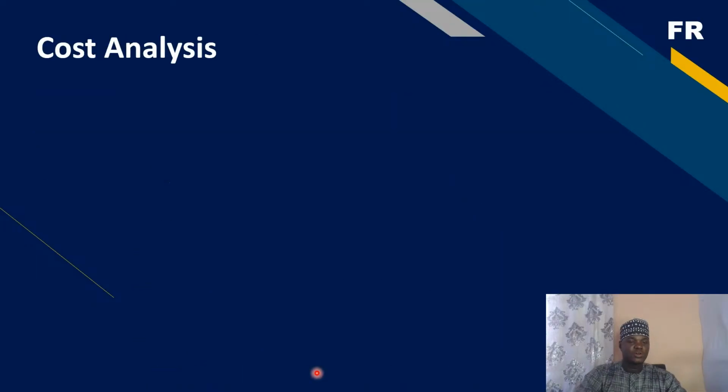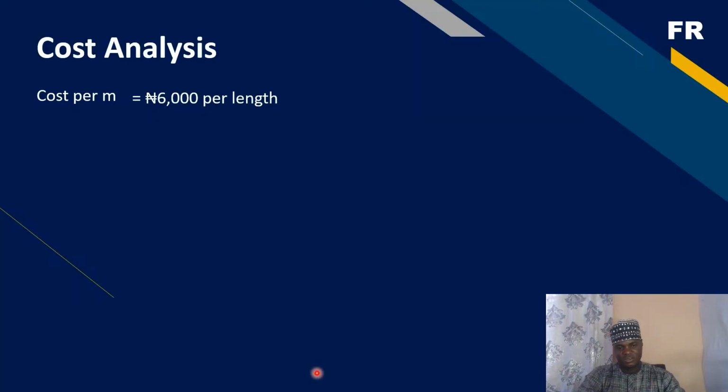So for the cost analysis of this, we need to establish some parameters. The first thing is the cost of reinforcement per length. The reason why we are using per length is we don't want to start calculating the total amount of reinforcement we need. So once we can calculate the unit cost per length, then we can compare. So let's take Nigeria's market today, this price is not absolute.